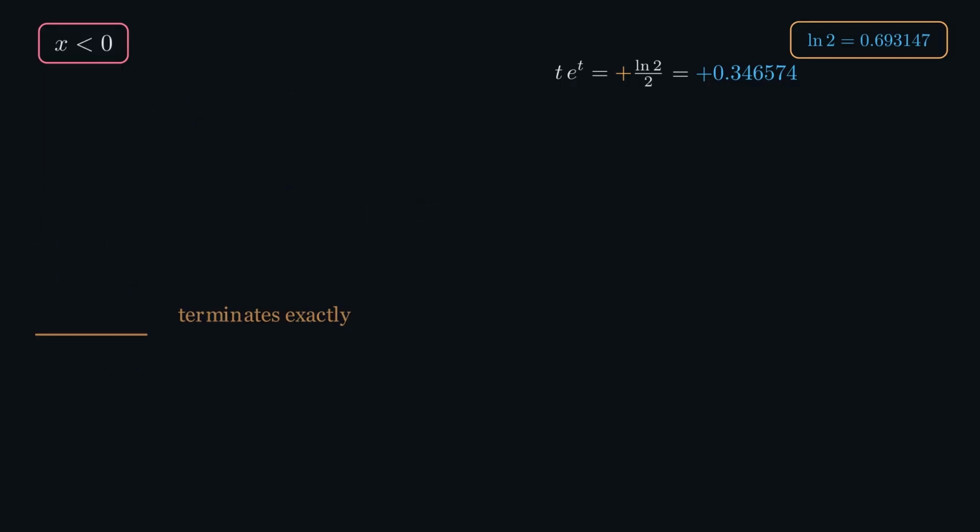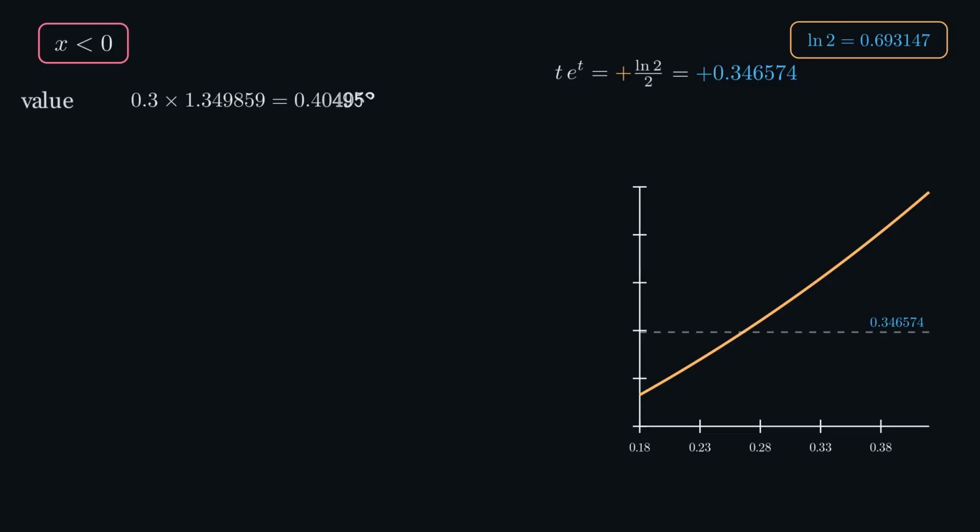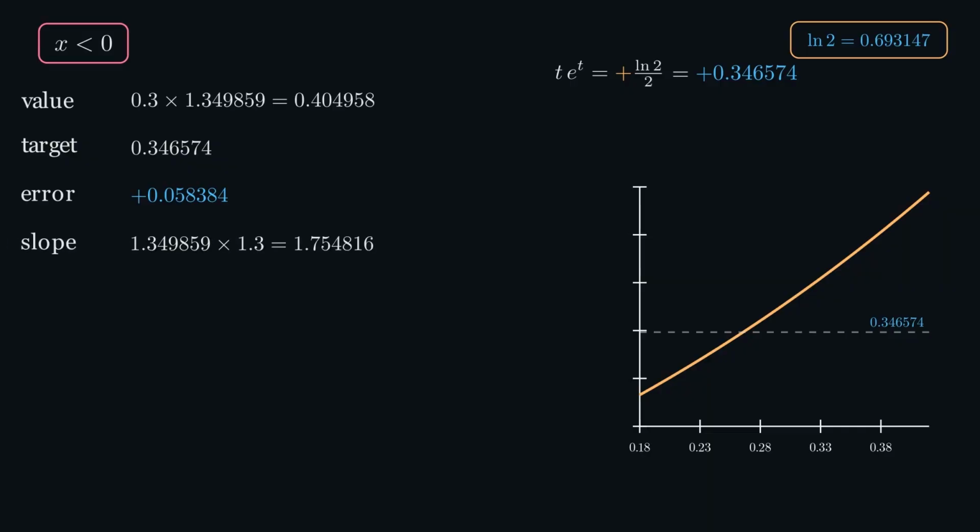Total, 1.349859. Value, 0.3 times that, 0.404958. Target, 0.346574. Error, plus 0.058384.